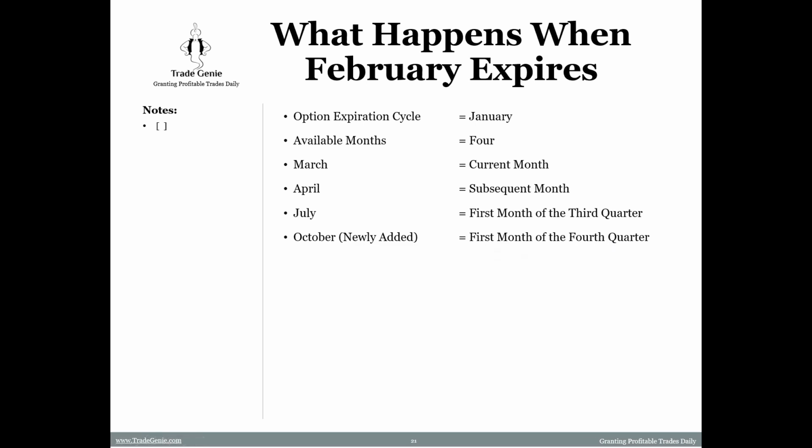In the same way, when February expires, March is there already, April is there, July is already there, and then they add another month, which is October, the first month of the fourth quarter, because this stock belongs to the January cycle.